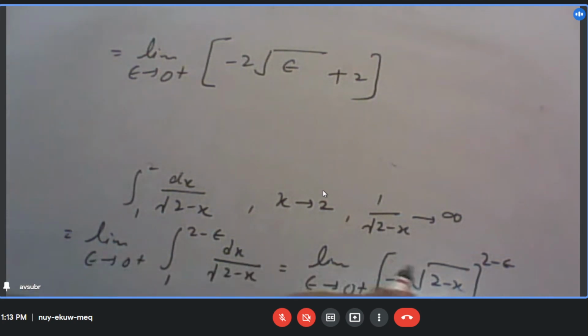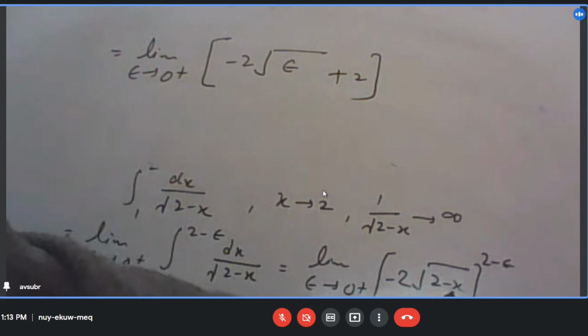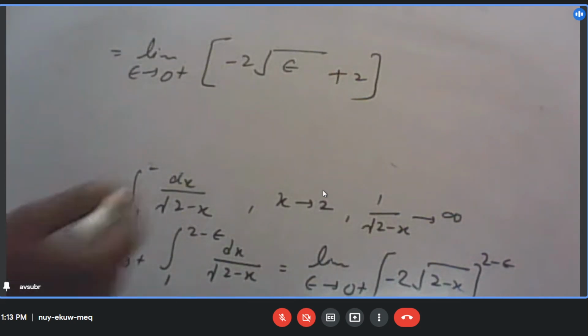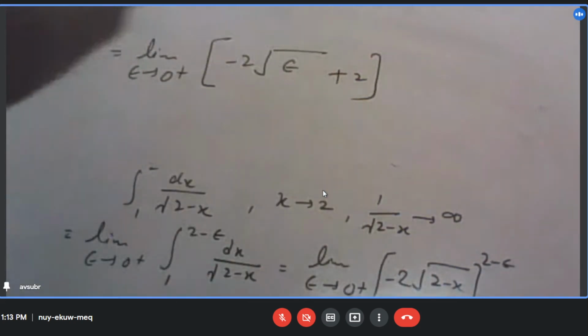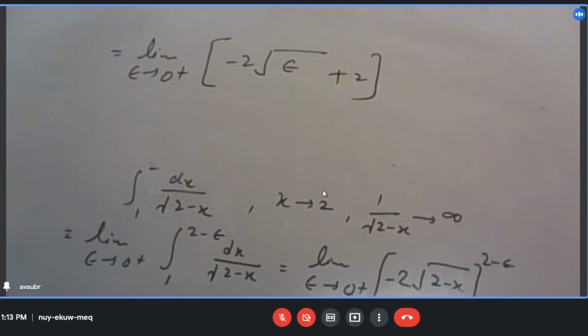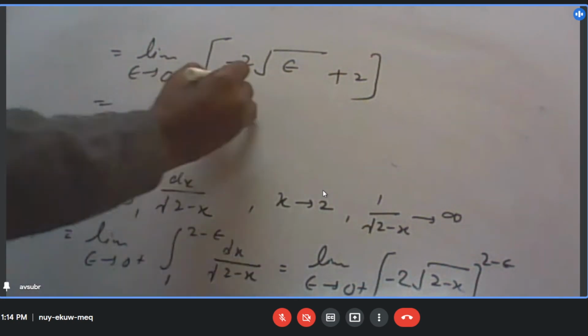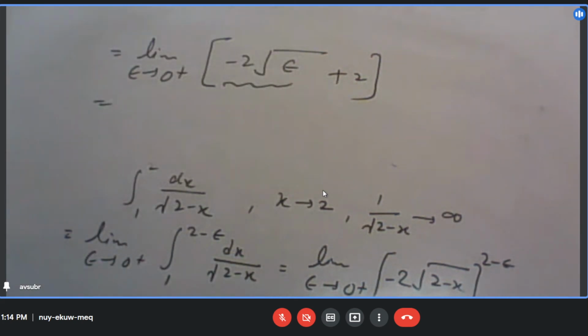In place of x, I put 2 minus epsilon, so that will be root epsilon, and if I put x equal to 1, that will be 2. So this is negligibly small, so the answer is 2. Right?